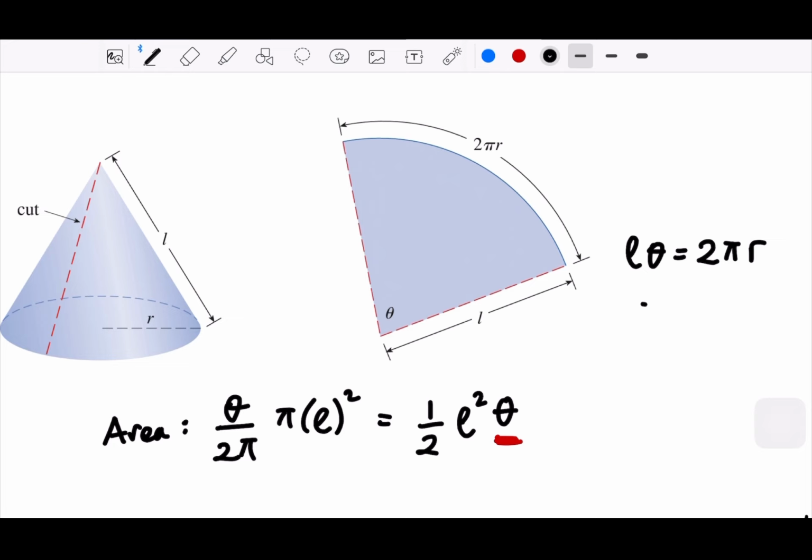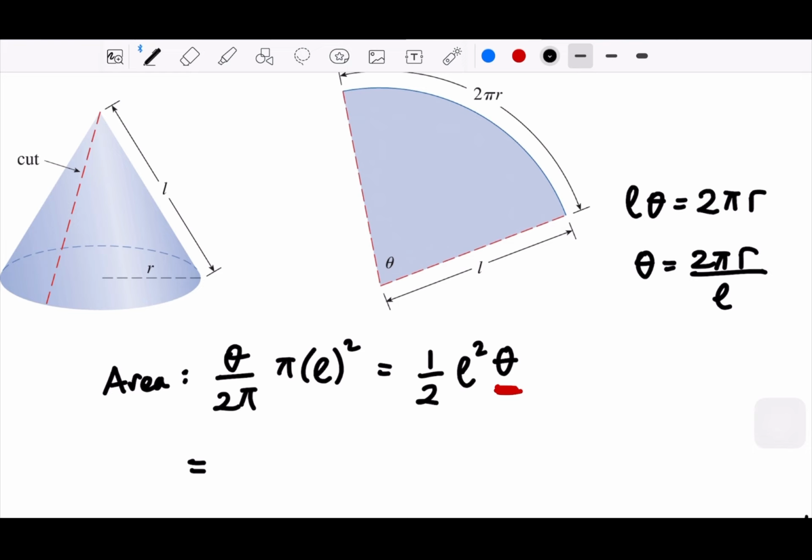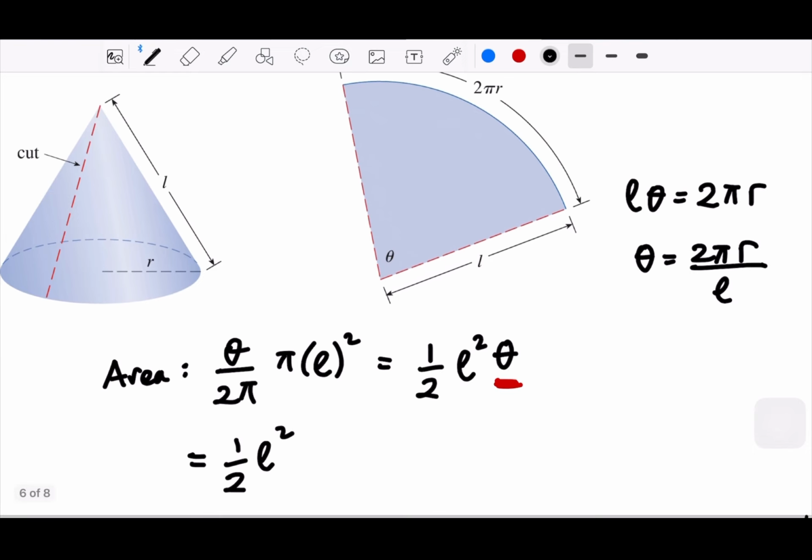So we could substitute theta as 2 pi r over L. And then we could make here half L squared, and then this will be 2 pi r over L.